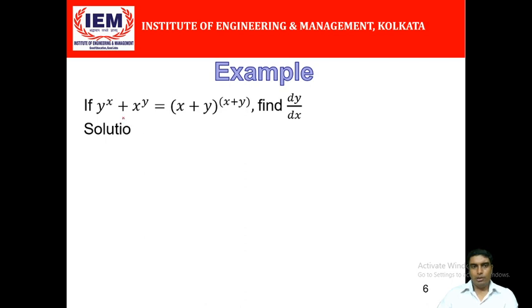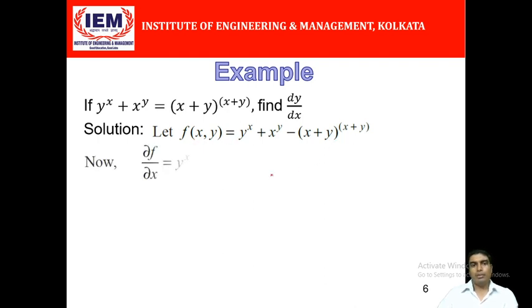So I have to find the partial derivative of this function with respect to x. I am considering this function by taking the right hand term to the left hand side, so f(x, y) equal to this one. After that I'll find the partial derivative of this term in this way.